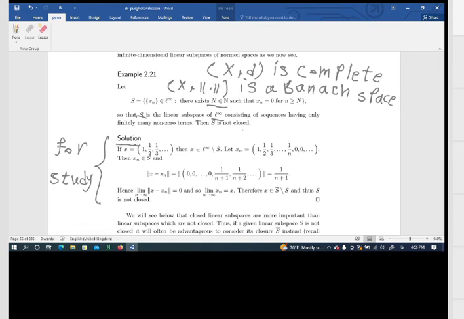But x is not in S. x is in S bar, the closure of S, not in S. So S is not closed, because if S were closed, it must be equal to S bar. So it's not closed. It is interesting.